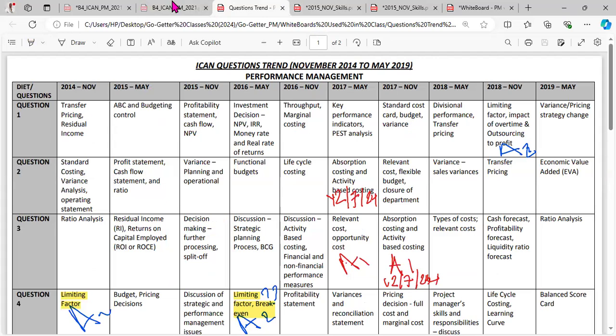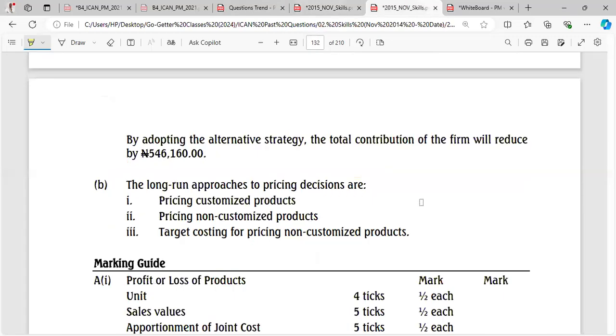Or we can also take target costing. So these are the two topics likely to be taken: target costing or throughput accounting. I would like you to read them up before we end the class for the day, so that we will have useful contribution to make.